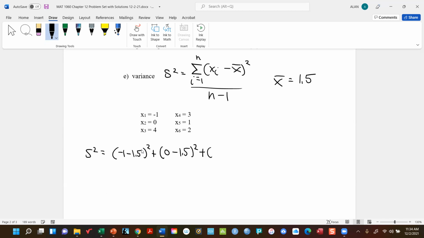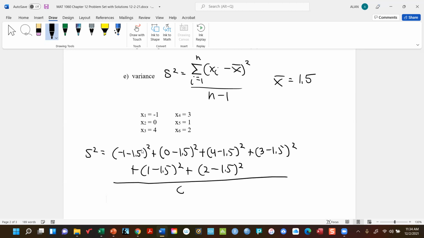And then I'll have x3, x4. Oh, I'm going to run out of space, so let me write it like this. x5. And then finally x6. All of that is divided by 6 minus 1, because up here you notice it's the sample size minus 1.